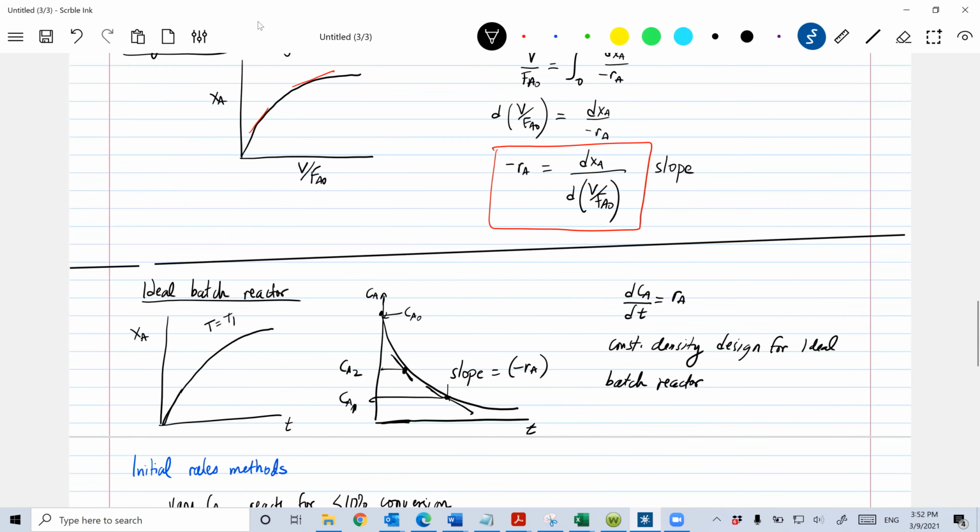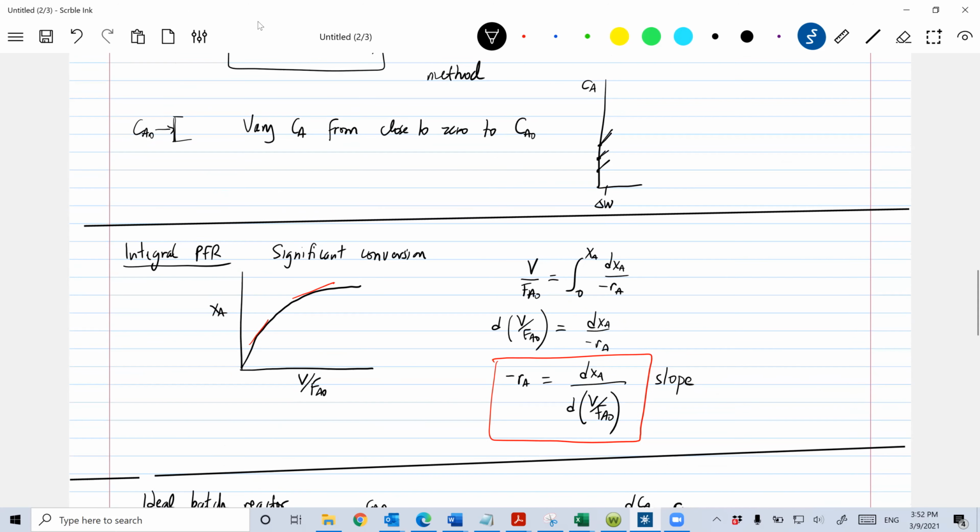You cannot calculate it directly from here either, because what you're measuring for the integral PFR is XA for every V over FA naught. That's what you're measuring.